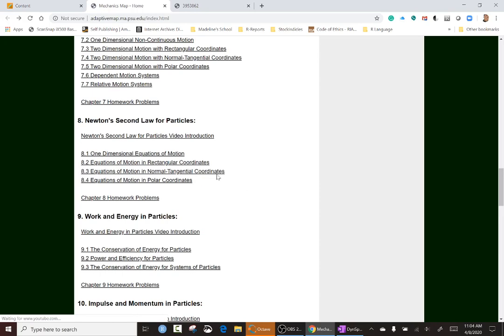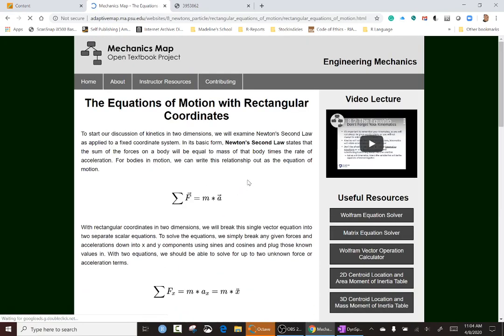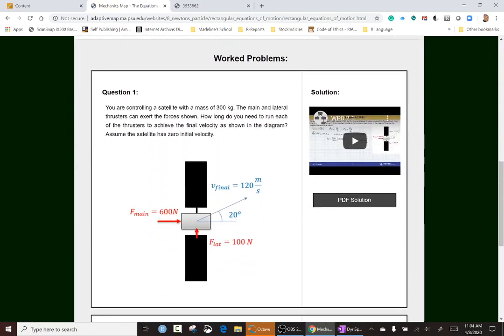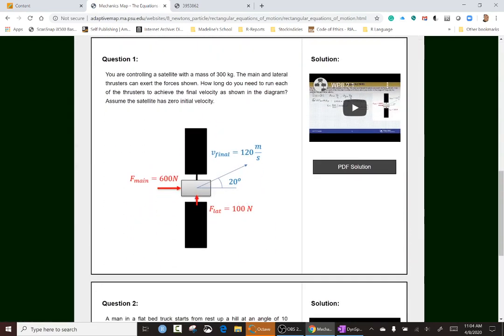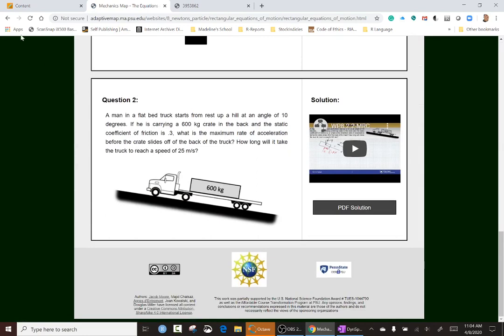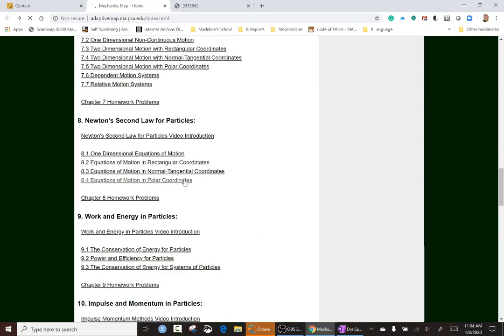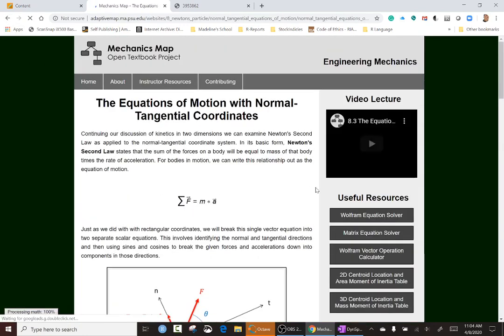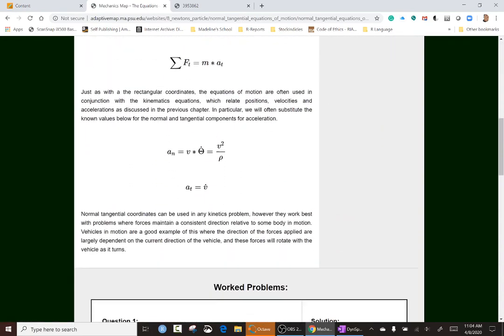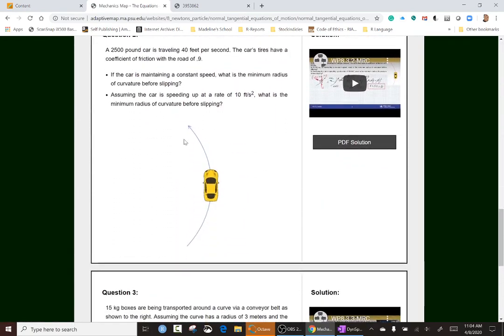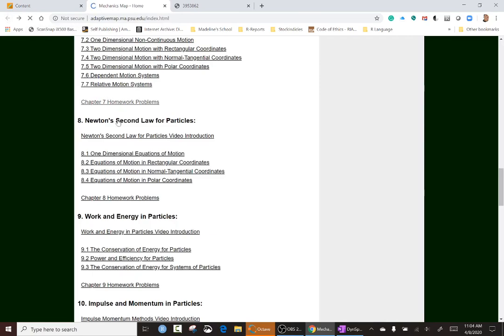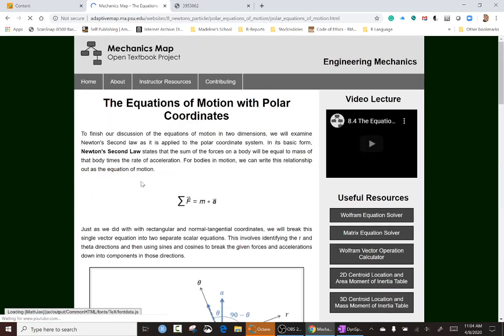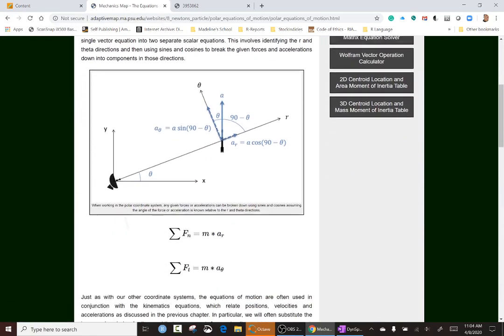If we go back, he has two-dimensional X and Y. He has normal and tangential, although I'm not asking anything there, but he has those. And he has the polar coordinates. So he has the full allotment here.